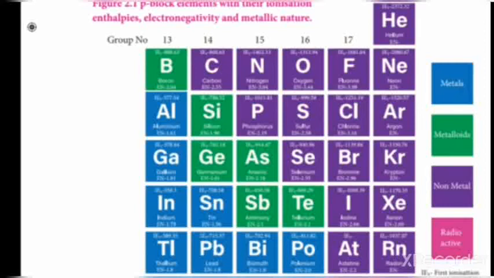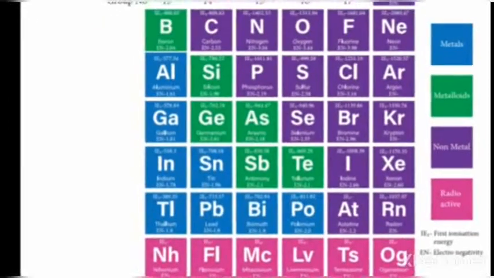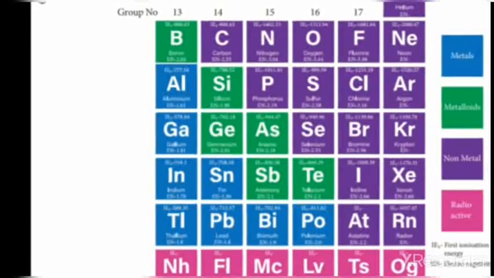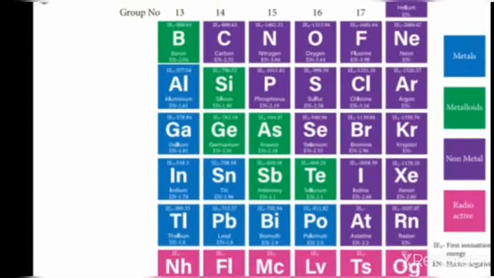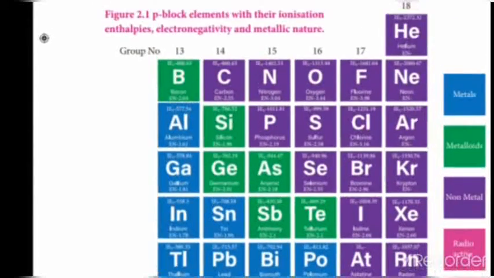We already know that when traveling in a group from top to bottom, the ionization energy decreases because of the increase in size of the atoms. But in this case, from boron to aluminum, it's okay, no problem. From aluminum to thallium, there is only a marginal difference between the ionization energy. There is no greater change in the ionization energy.